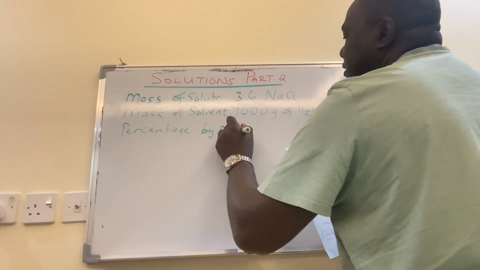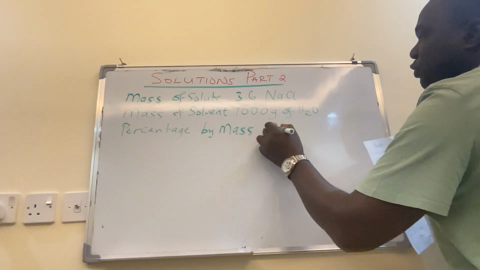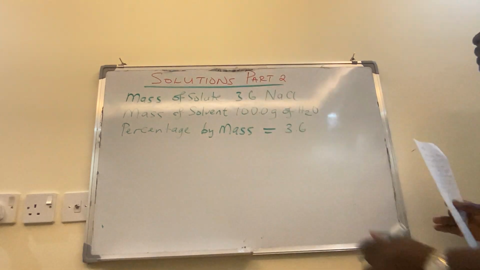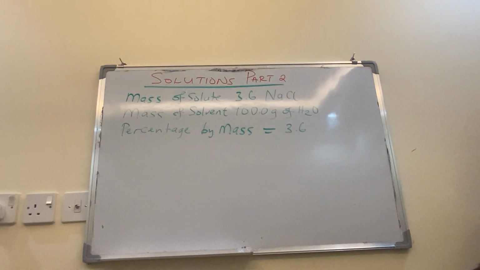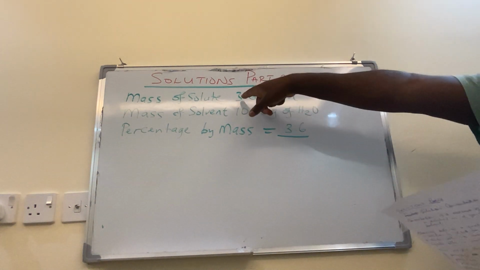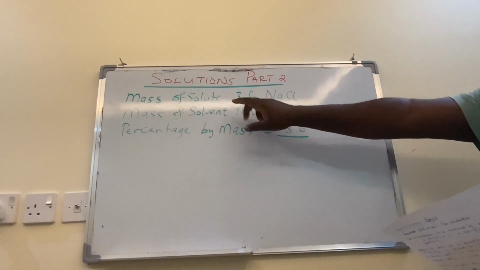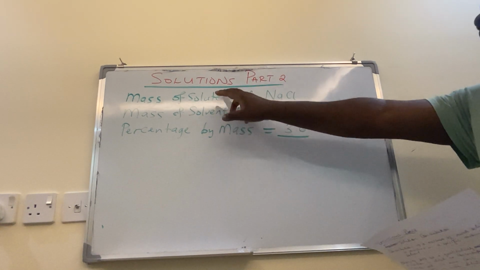Percentage by mass is going to be equal to, we have our 3.6, which is our solute there. But you need to be careful now. Mass of solution: remember, we have a solute and our solvent. Last time we said to make a solution, we add these two.